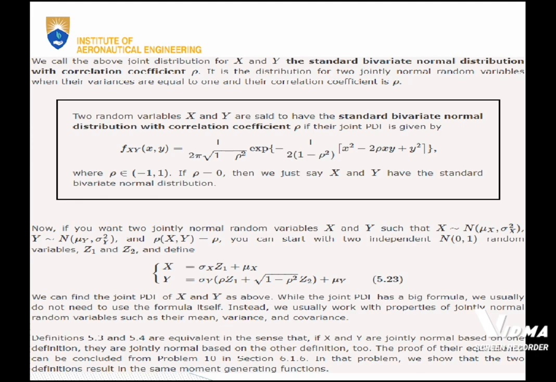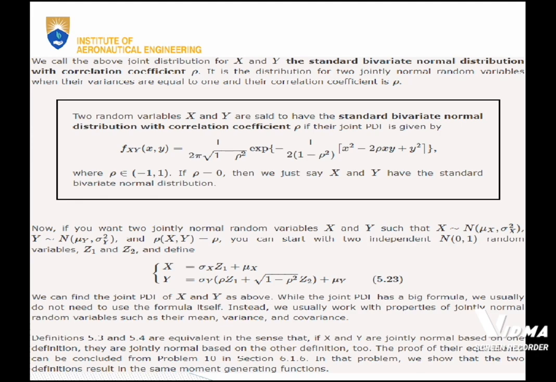Two random variables X and Y are said to have the standard bivariate normal distribution with correlation coefficient rho if their joint PDF is given by f XY of x comma y equals 1 over 2 pi root 1 minus rho square, times exp of minus 1 over 2 times 1 minus rho square, times x square minus 2 rho xy plus y square, where rho is between minus 1 and 1.